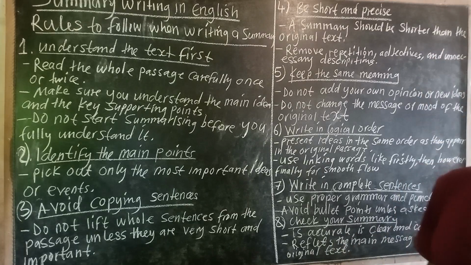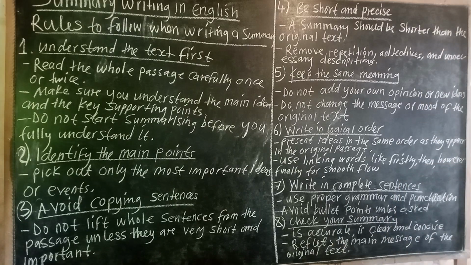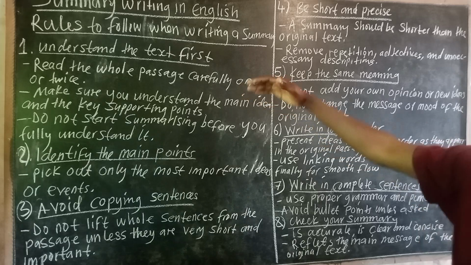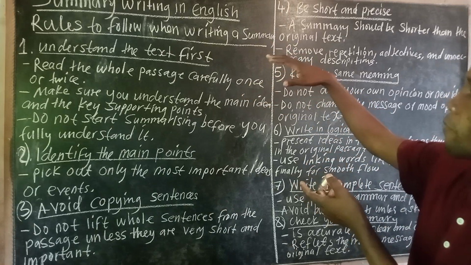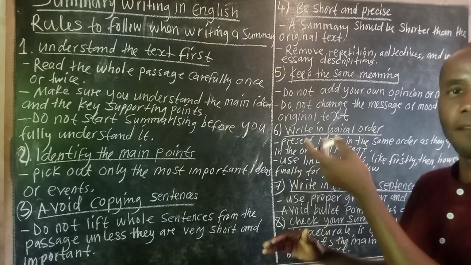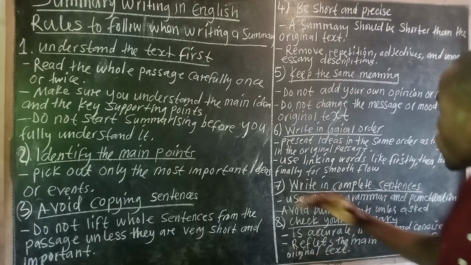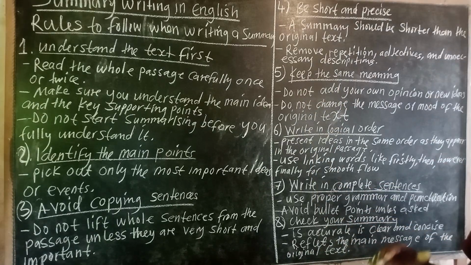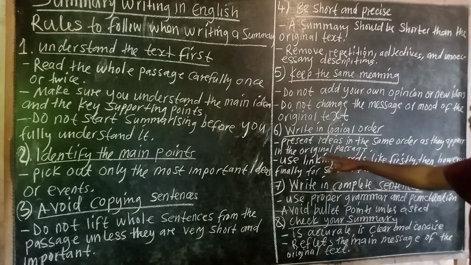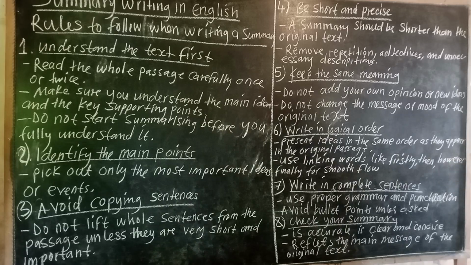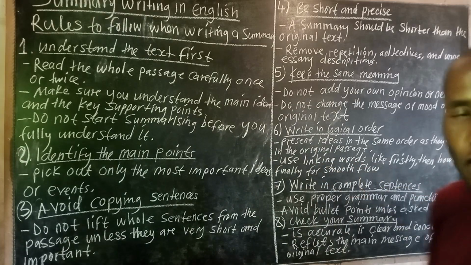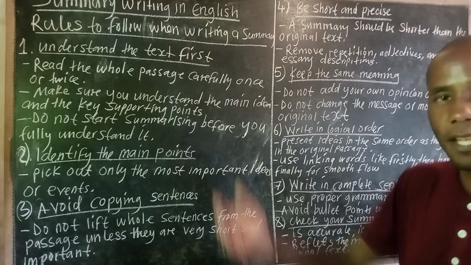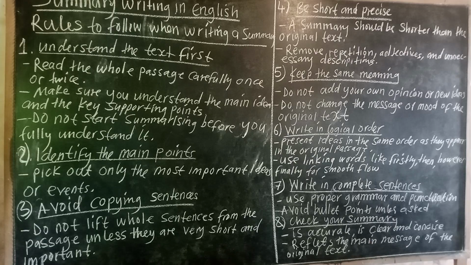That is how you are going to summarize as well. Not whereby the point was in the first paragraph, and you swap it with the second paragraph. That is not logical, and you are going to lose a lot of marks. Present ideas in the same order as they appear in the original passage.